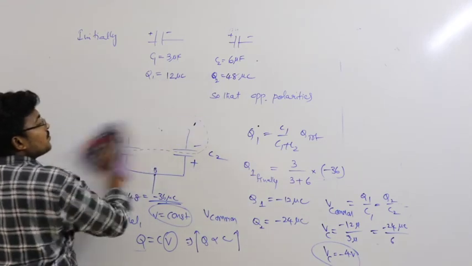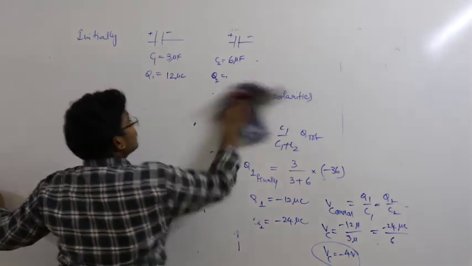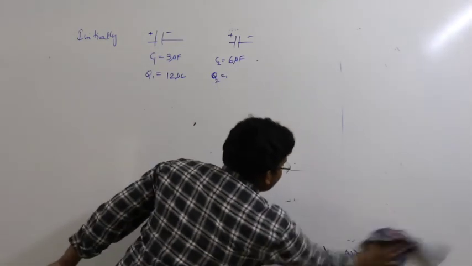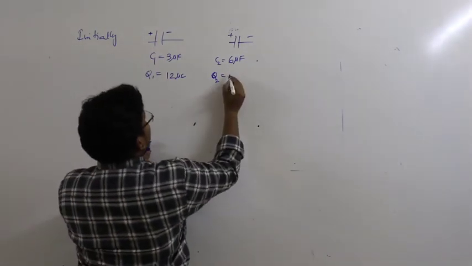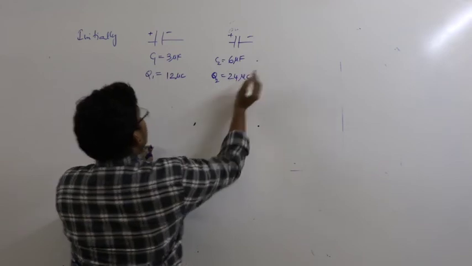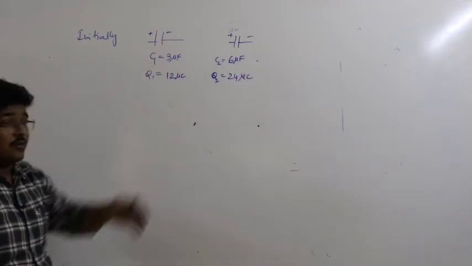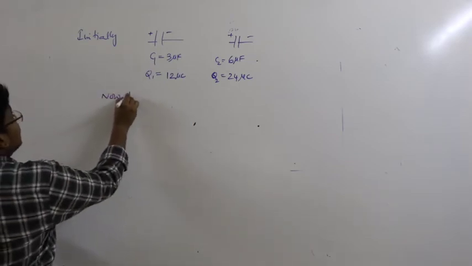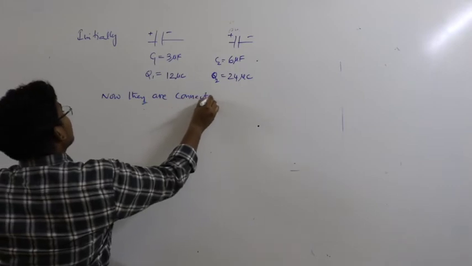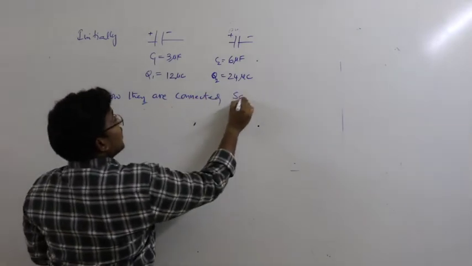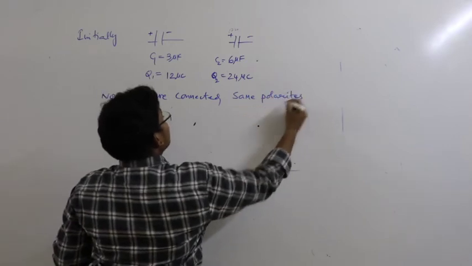The same problem I am taking. Okay now, I will tell you how these charges are distributed. See, C1 value 3, C2 value 6 and initial charges 12. Now they are connected so that same polarities are at the common point.